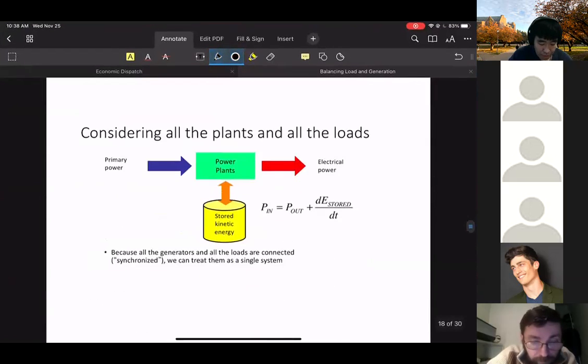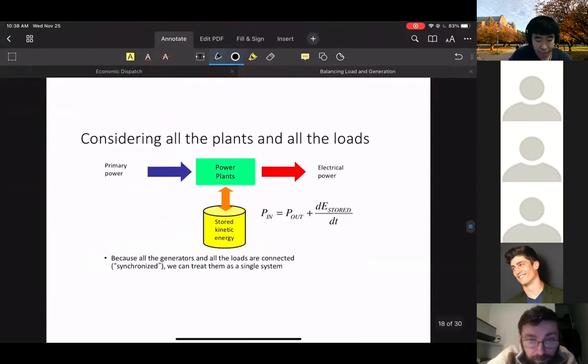If you treat this as a single system, then the picture doesn't change very much. We're going to assume all the generators contribute together to the frequency stability of our power system.